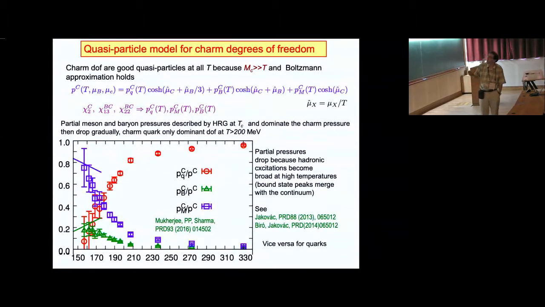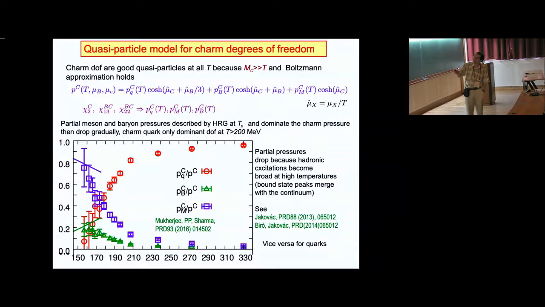So once you have this ansatz for the pressure, you could calculate different fluctuations and correlations. For example, you could calculate the charm fluctuations and the baryon number charm correlations at fourth order, 1, 3, and 2, 2. So you have 3 different quantities, for example.